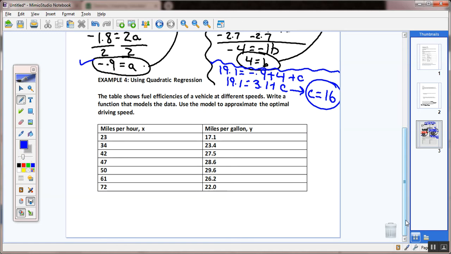But sometimes we can use quadratic regressions. Sometimes we get points that are plotted. Let me just do this real quickly up here on the board. Sometimes you get points plotted in a coordinate plane that look like this. Is that a perfect parabola, what I just plotted right here?